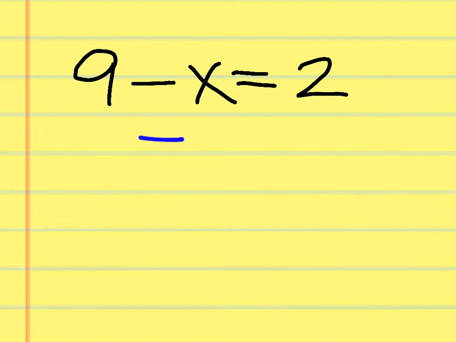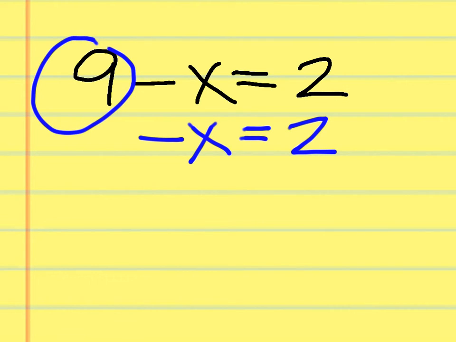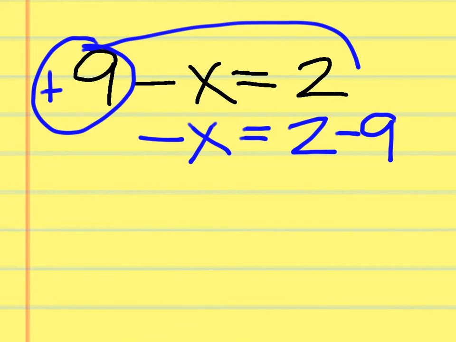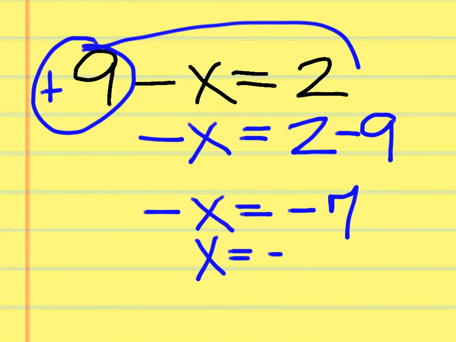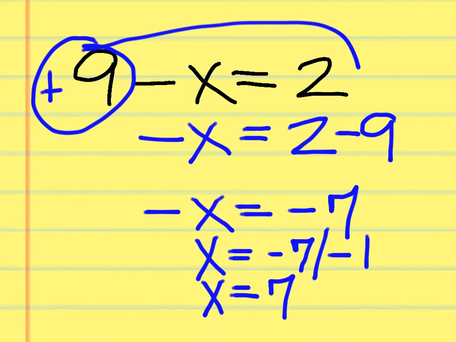The minus x must stay on the left. This plus 9 goes to the right and becomes minus 9. 2 minus 9 is negative 7. Divide the negative 7 by the negative 1 to get a positive 7.